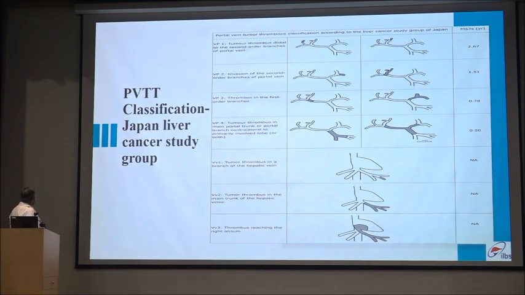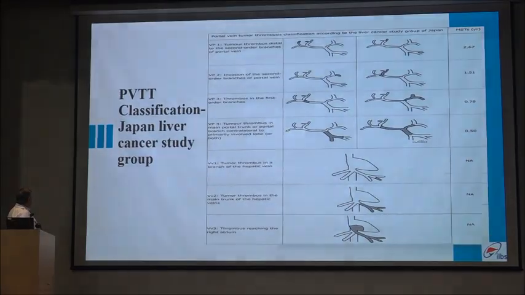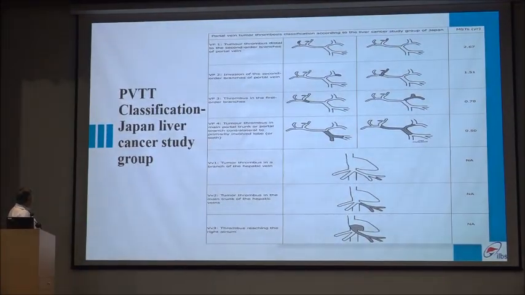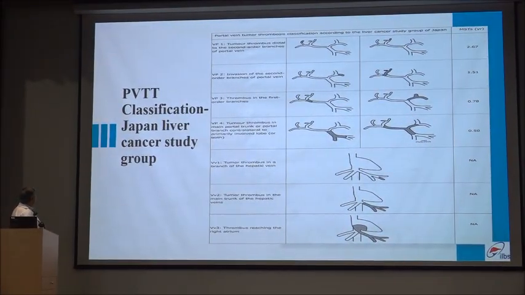This is the classification of the Japan Liver Cancer Study Group, which is divided on the involvement of portal vein sites. VP1 is tumor thrombosis distal to the second order branches of the portal vein. VP2 is invasion of the second order branches of the portal vein.